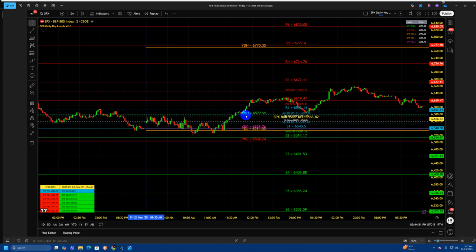So your PMH is going to be your pre-market high, the PML is your pre-market low, the YDL is yesterday's daily low, specifically the RTH session low. YDC is yesterday's daily close, specifically the RTH session close. And YDH is yesterday's daily high, specifically the previous day's RTH session high for SPX.